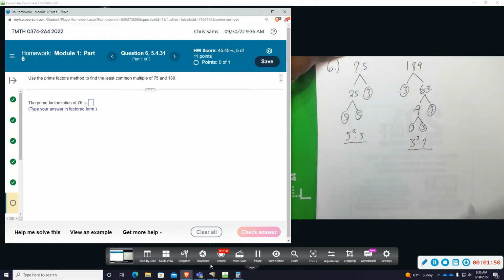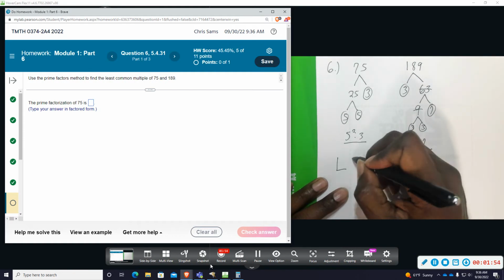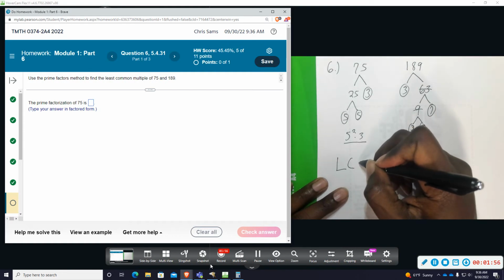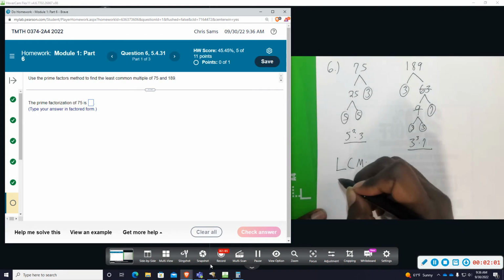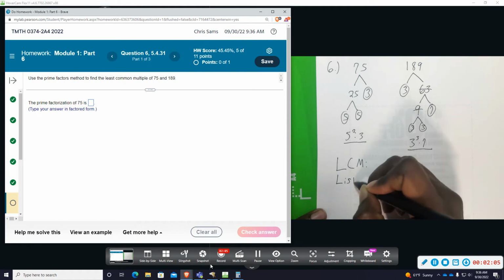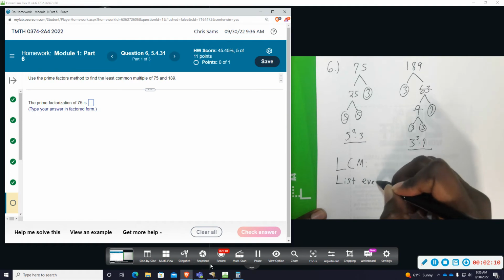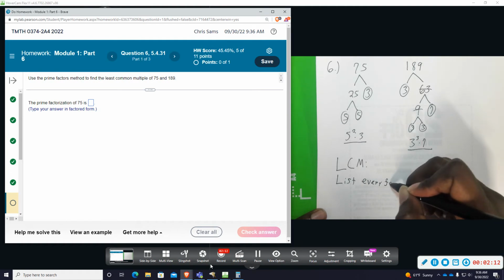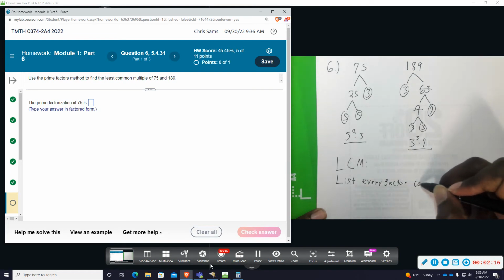Alright, so when you find least common multiple, this is very different from greatest common factor. You're going to list every factor first, whether they have it in common or not. List every factor, common or not.